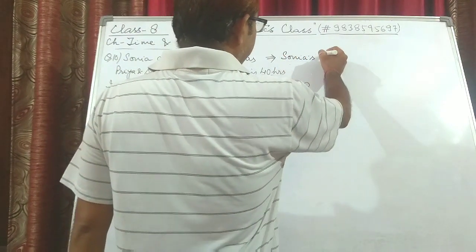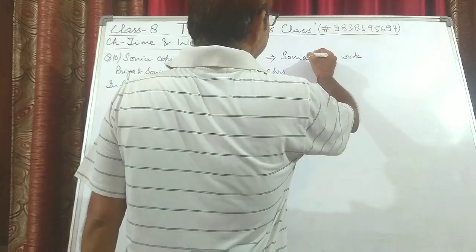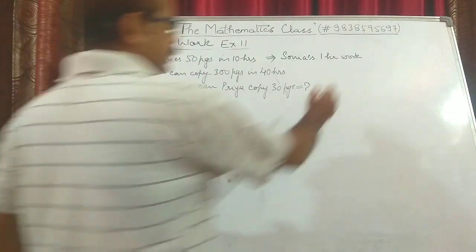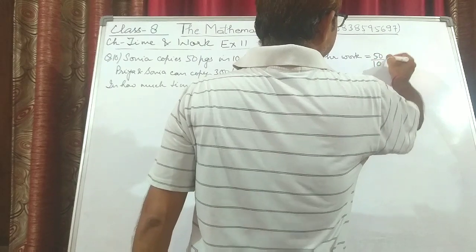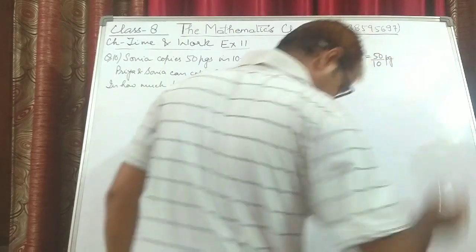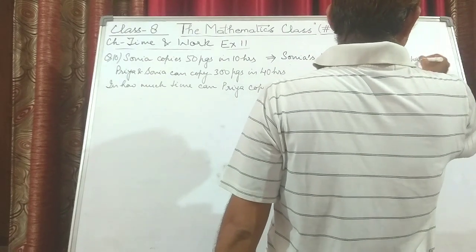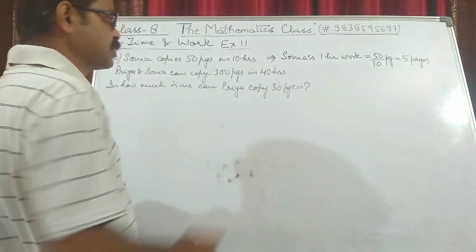Sonia's 1 hour work will be how many pages? 50 divided by 10, that is 50 upon 10 pages, or you can say simply 5 pages. In 1 hour, Sonia can copy 5 pages.